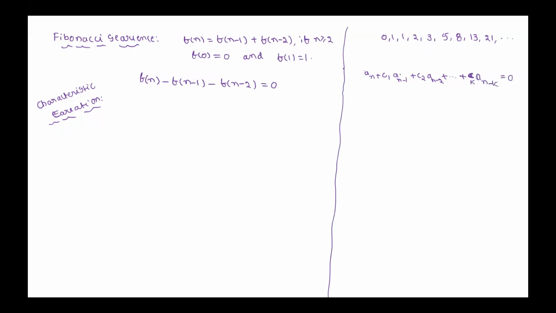I just give one example so that you can recall. Here c1, c2, c3 and so on, ck are constants.